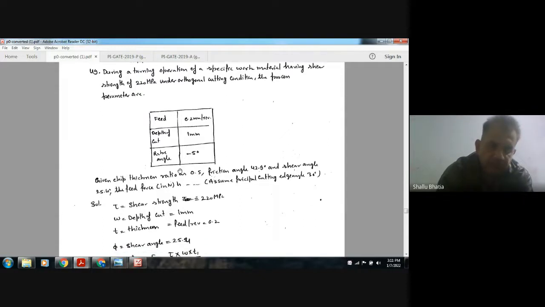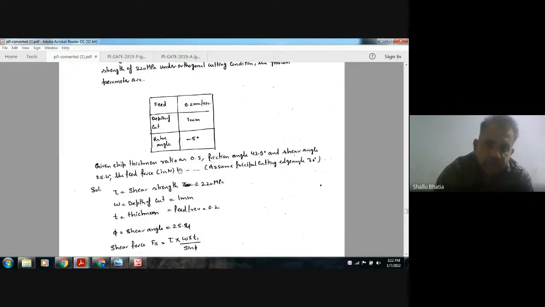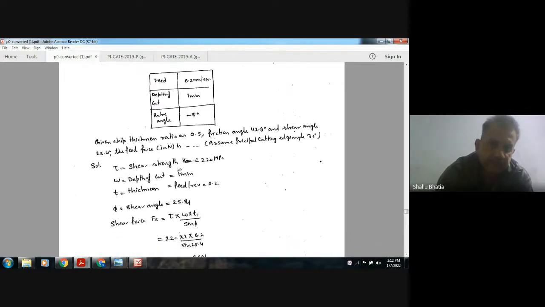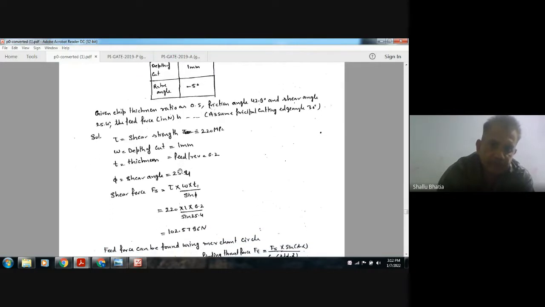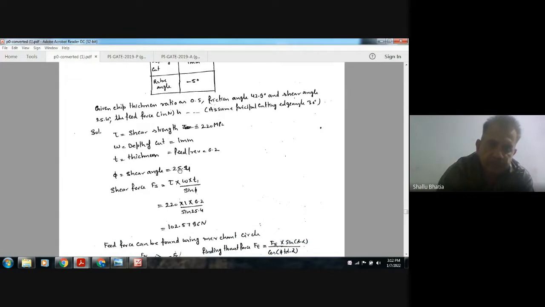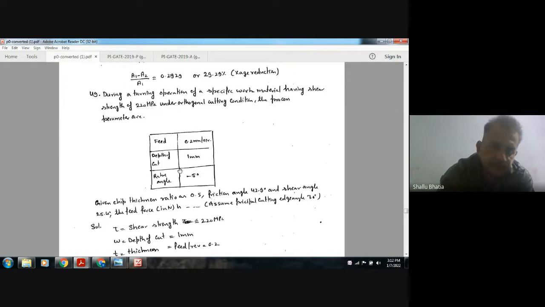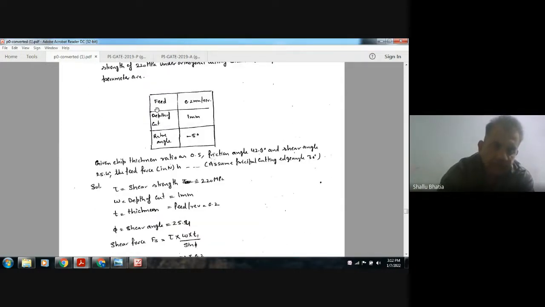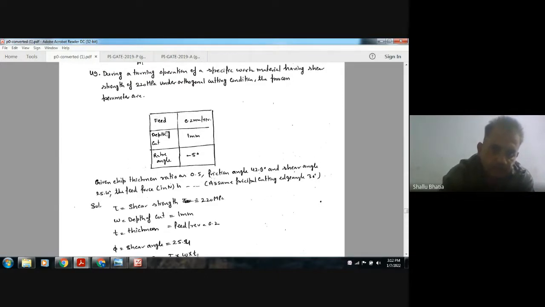Given chip thickness ratio as 0.5, the friction angle 42.9 and shear angle 25.4, the feed force in Newton is dash. Assume the principal cutting edge angle is 30 degrees. Given that the shear stress is 220 MPa. And width of cut is 1 mm. Depth of cut is 1 mm.